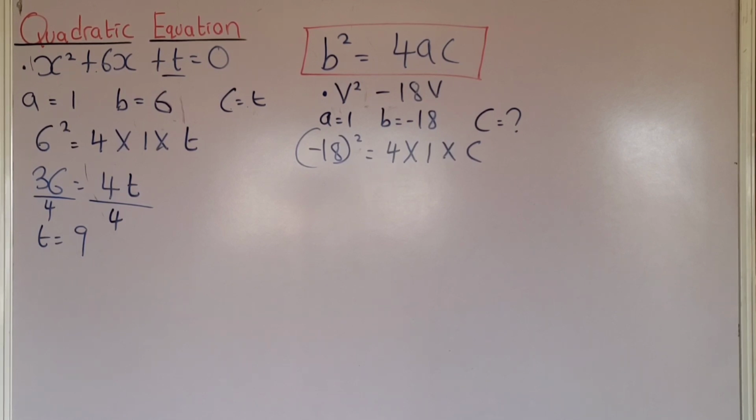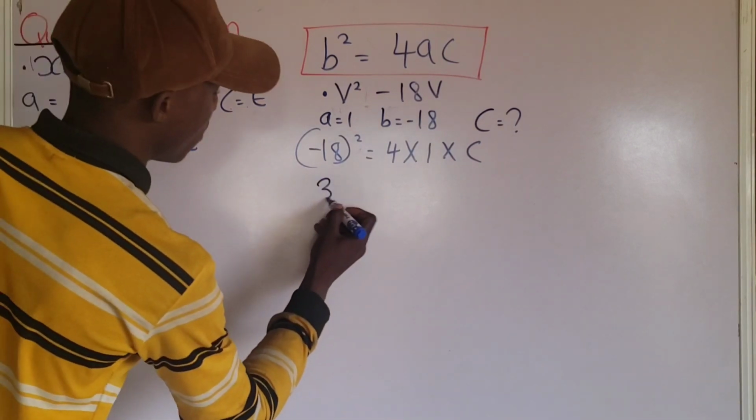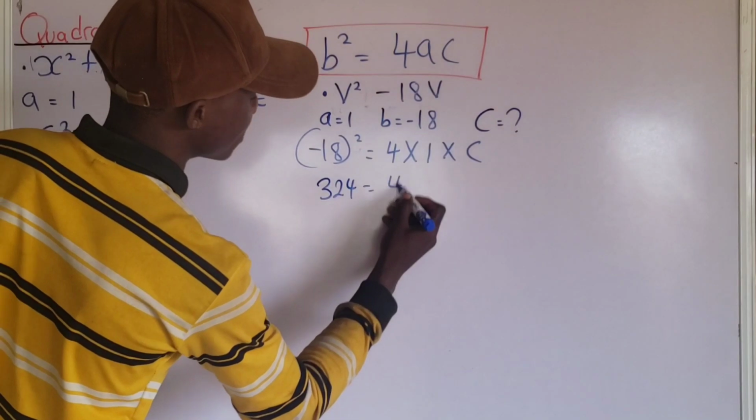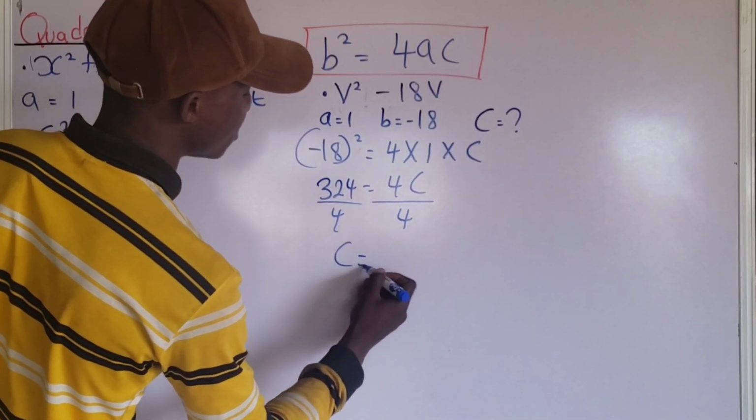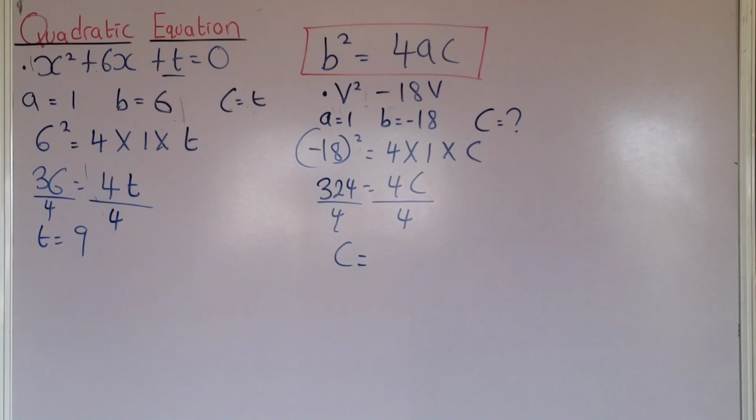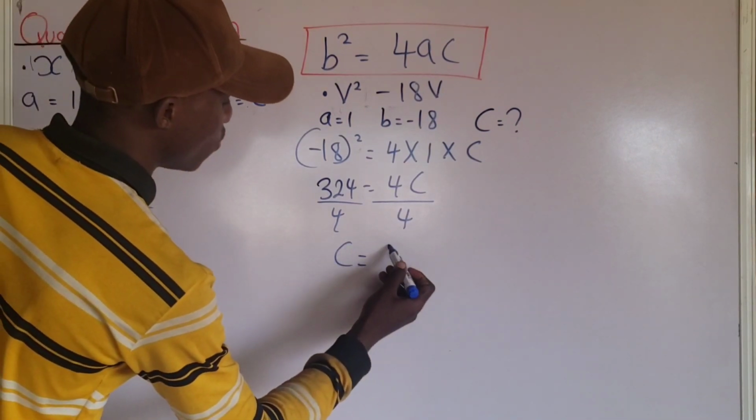Negative 18 times negative 18 is 324. So here I'm going to have 324 equals 4c. Now divide both sides by 4. 324 divided by 4 is 81. So c is equal to 81.